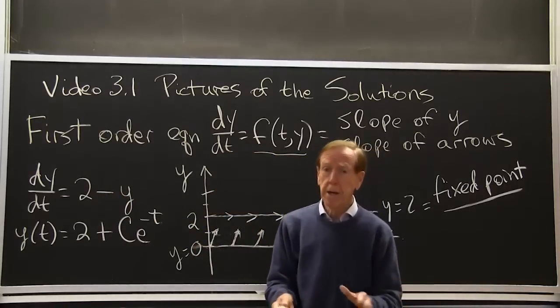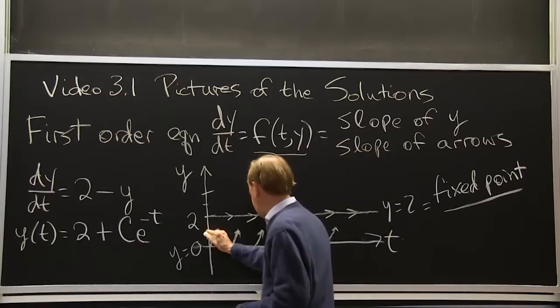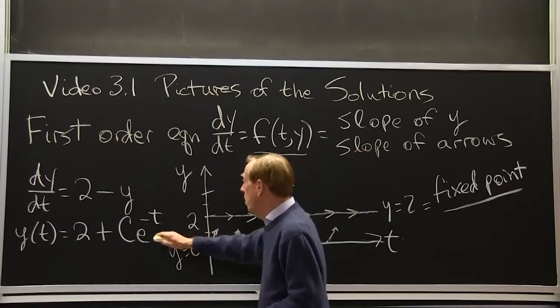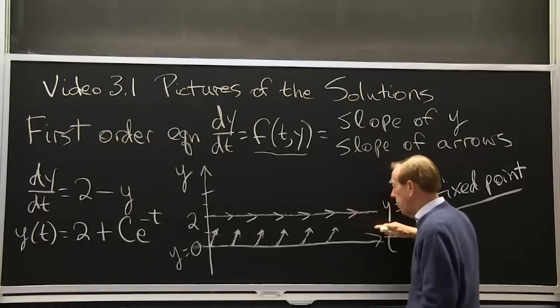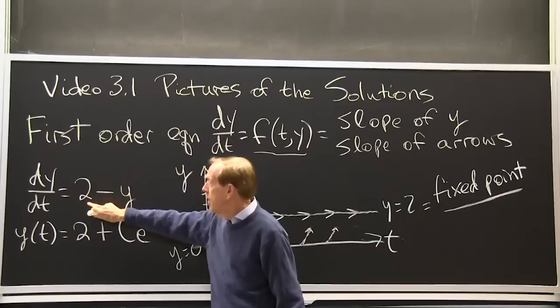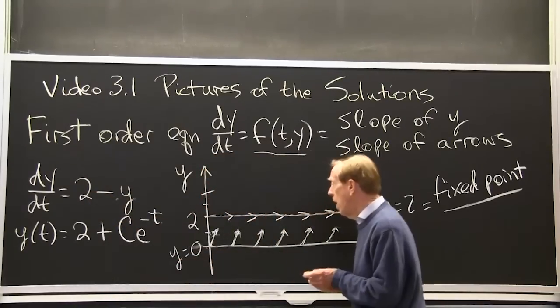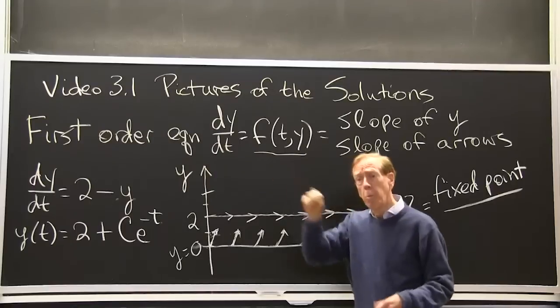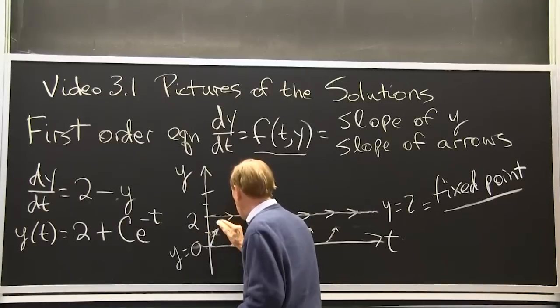Well, actually it needs way more arrows than I can possibly draw. Let me draw another line of arrows along the line y equal 1. When y is 1, 2 minus 1 is 1, the slope is 1, f is 1, and my arrows have slope 1.